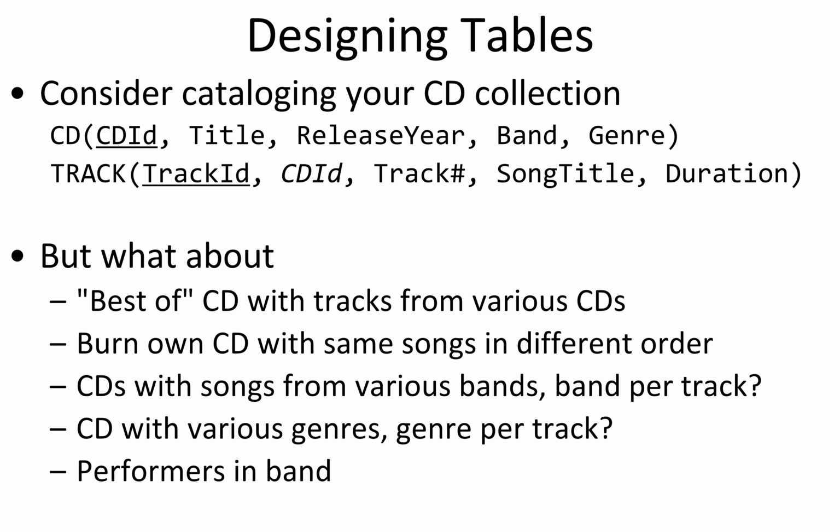And as we're filling it out, we find out that our data representation doesn't allow us to answer some pretty basic things. As we start entering our data, we realize, wait a minute, I now have a best of CD with tracks from various CDs.